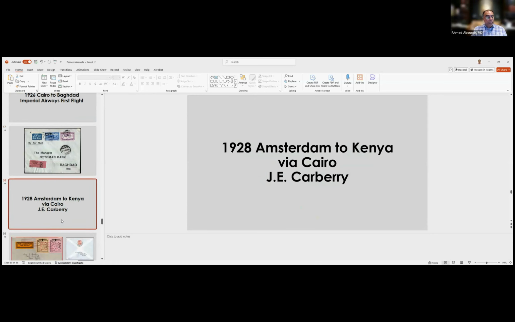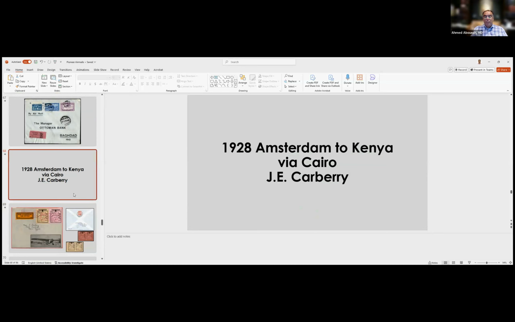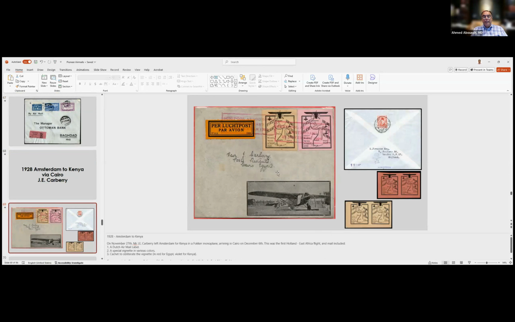Next was Lord Carbery's flight from Amsterdam to Kenya, notable for the airmail label, the special vignette labels that were made for the flight. The plane was called Miss Africa and was flown all the way down to Kenya.